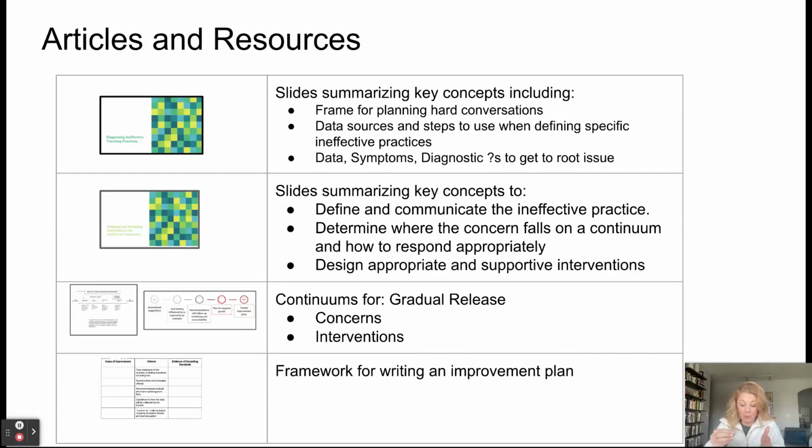First, they're going to start with, okay, what would be the data or evidence that I would be collecting to assess classroom environment, to assess instruction. And then they're also going to get into assessing professionalism. And we did not talk about that in our last two modules. And so we are collecting data and evidence, and then we're looking for symptoms.